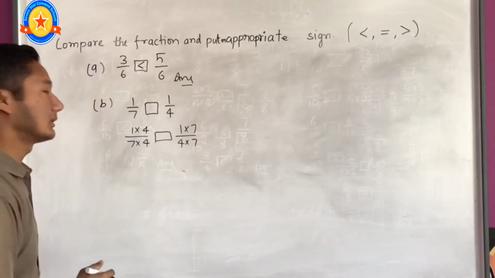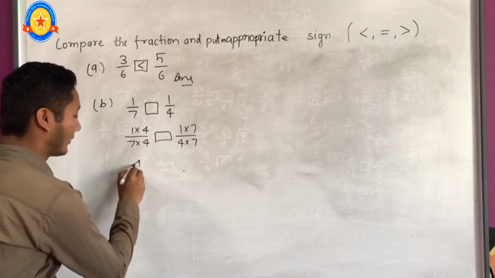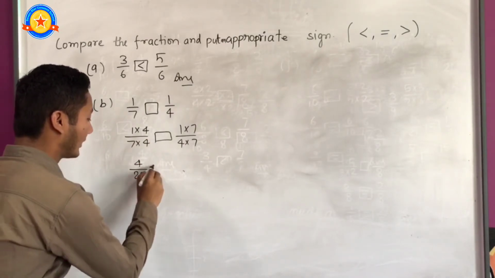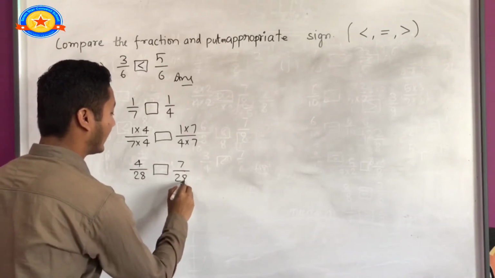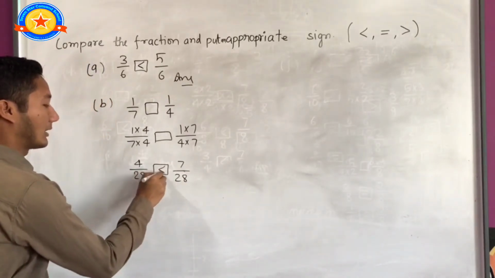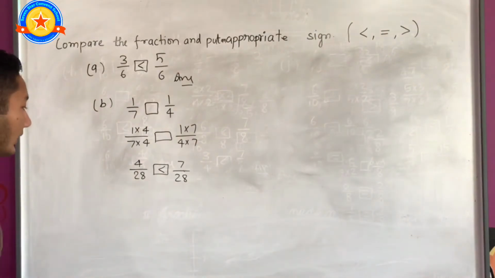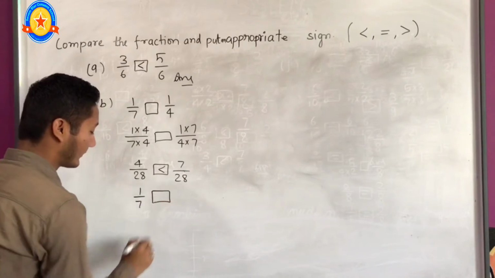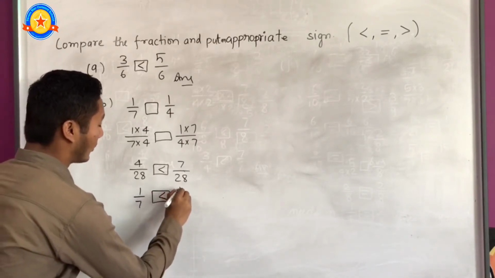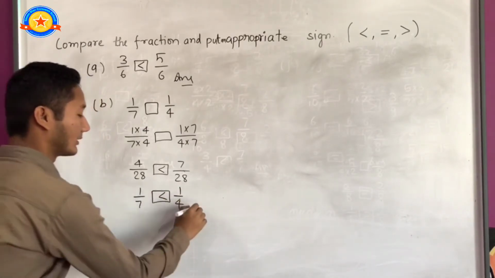To make the denominator same, it becomes 4 ones are 4, 7 fours are 28, and it becomes 7 ones are 7, 7 fours are 28. Now we can say 7 by 28 is greater than 4 by 28. Write in the original form 1 by 7 is smaller than 1 by 4. This is our answer.